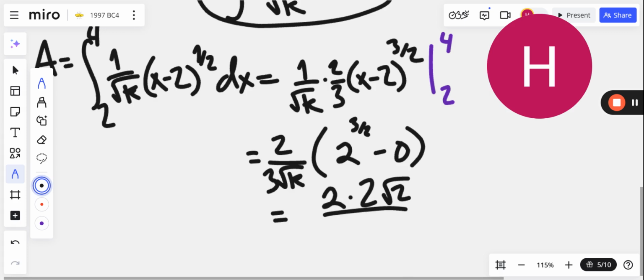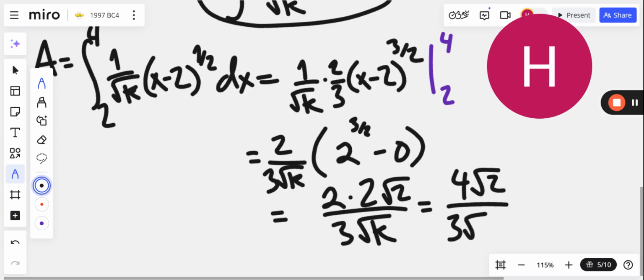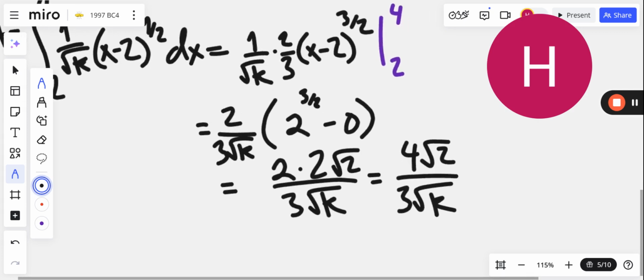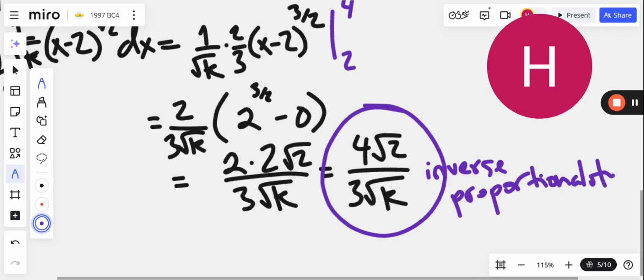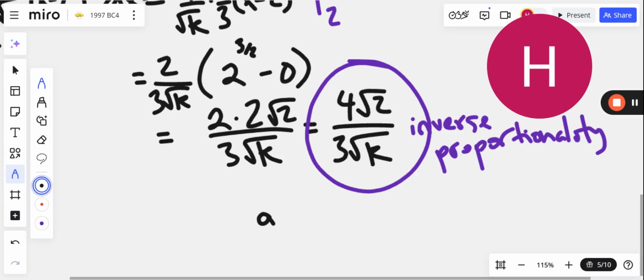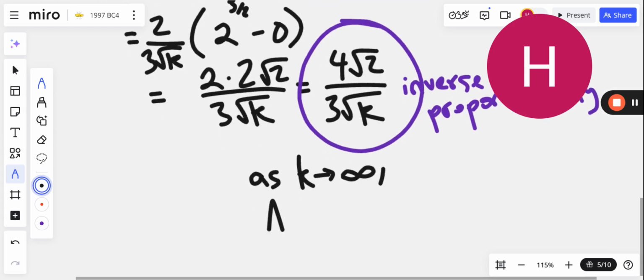It's going to give us 2 root 2 over 3 root k. As you can see, these numbers up here are important because they're part of the integral, but you'll mostly notice that this shows us the inverse proportionality. As k gets bigger, the area, this fraction, gets smaller. As k goes to infinity, the area goes to 0.